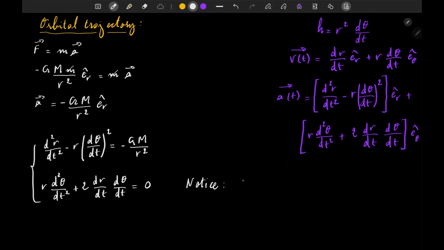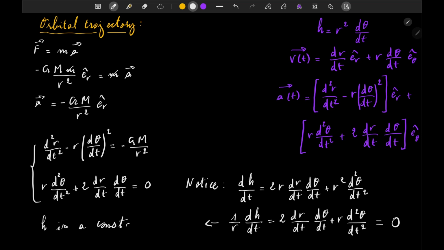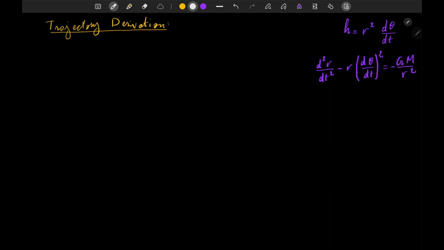Notice that the second equation is closely related to the time derivative of the specific angular momentum. So we get that the derivative of the specific angular momentum is 0, which implies that h is a constant, which is a very important result.